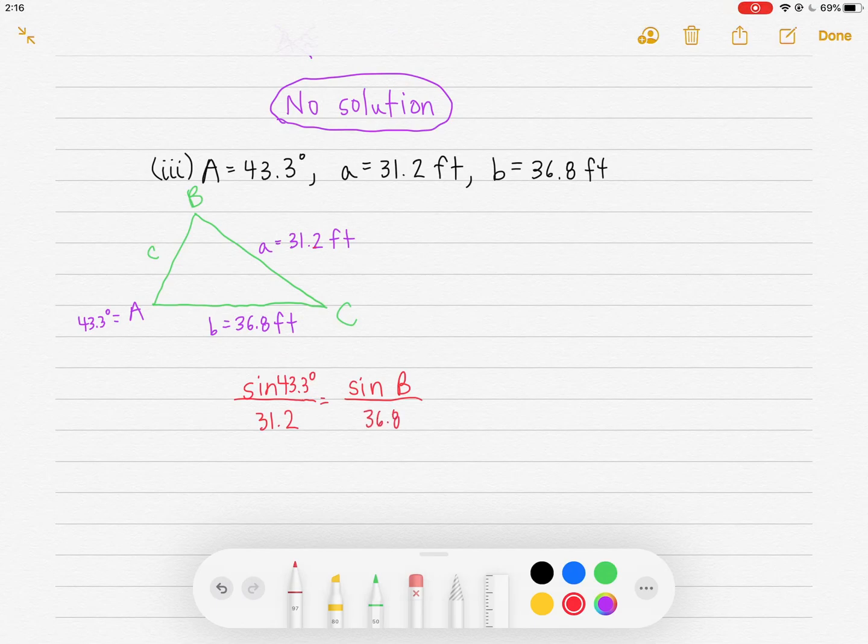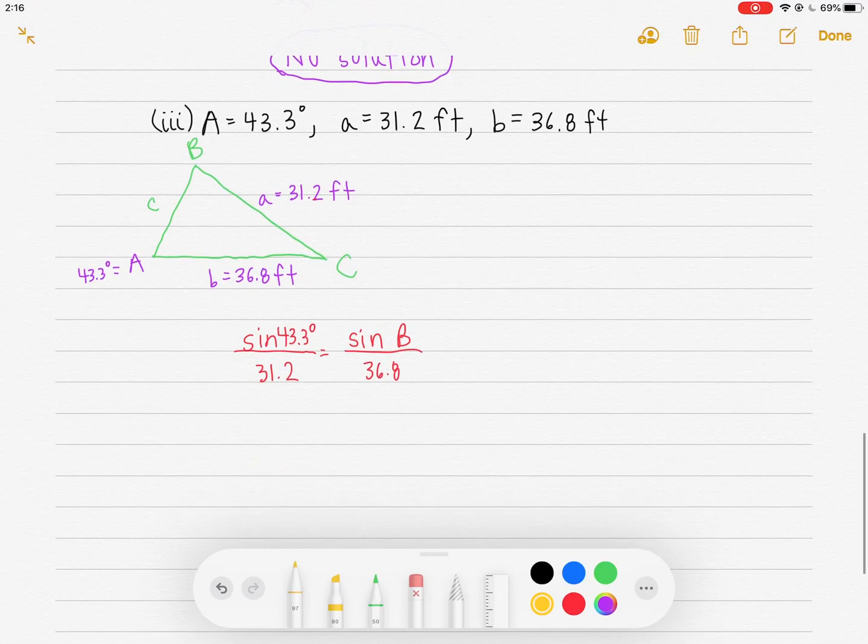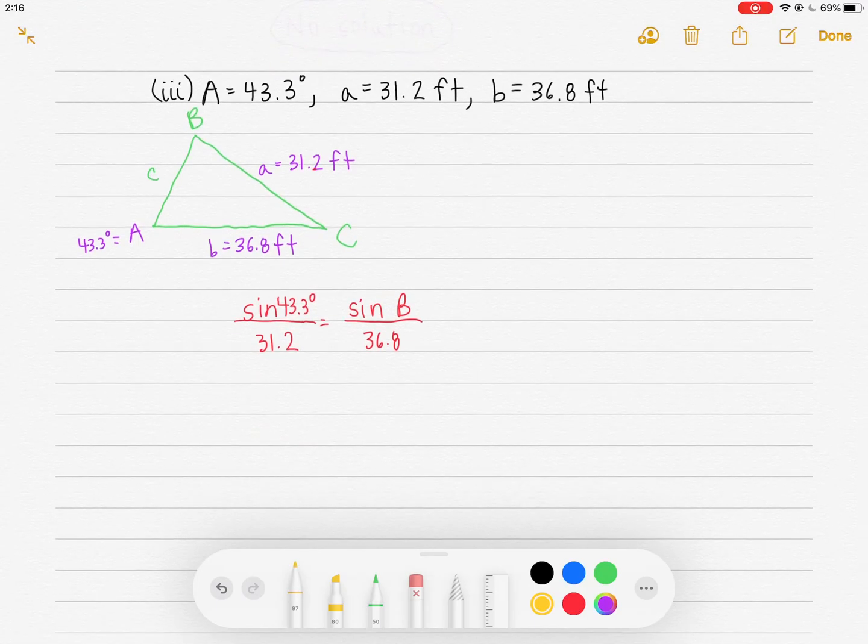We need to get sine B all by itself, multiply both sides by 36.8 to get our sine of big B is equal to 36.8 sine of 43.3 degrees all over 31.2.